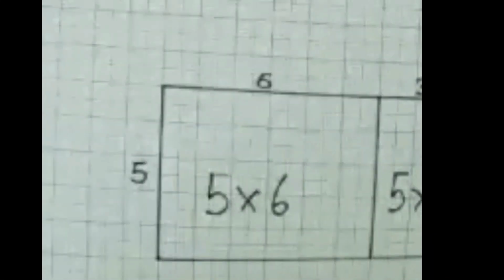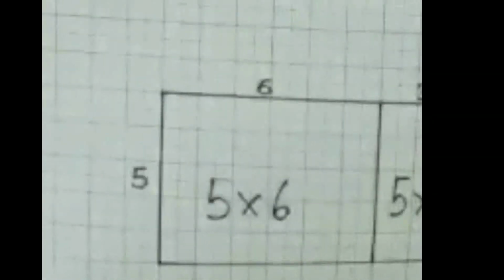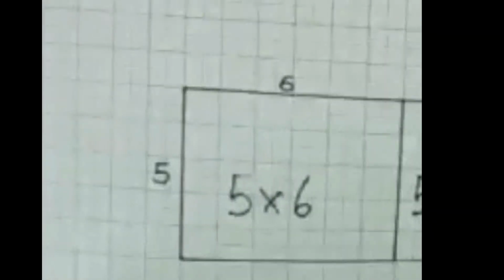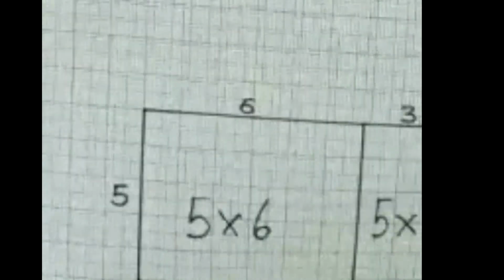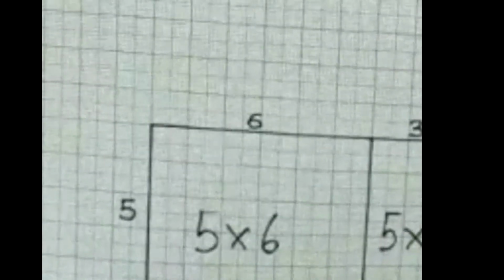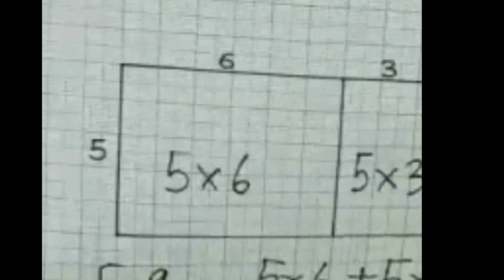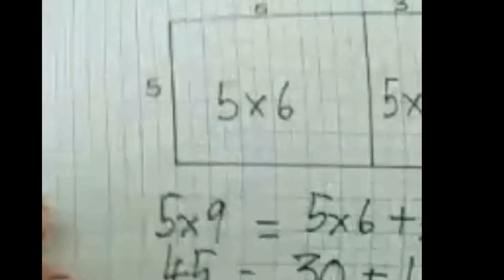And this is a place where sometimes mistakes are made. So I want you to listen very carefully. We have written here 5 into 9 is equal to 5 into 6 plus 5 into 3.